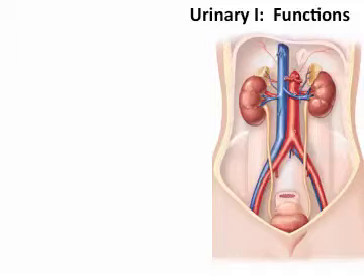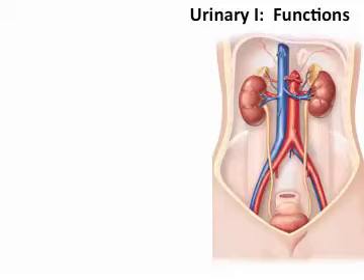If you look at the right hand side of the slide, you can see those brown kidney bean shaped organs. They're the kidneys. And you can see the red vessels going into the kidneys. Of course, those are arteries, the renal artery bringing blood into the kidney, and then the renal vein takes blood away from the kidney.